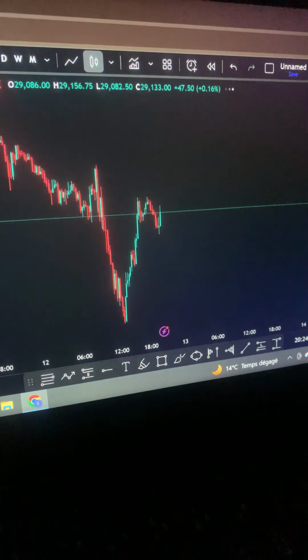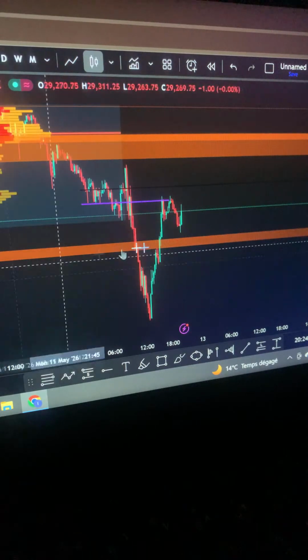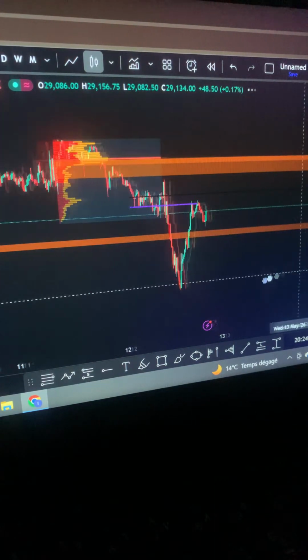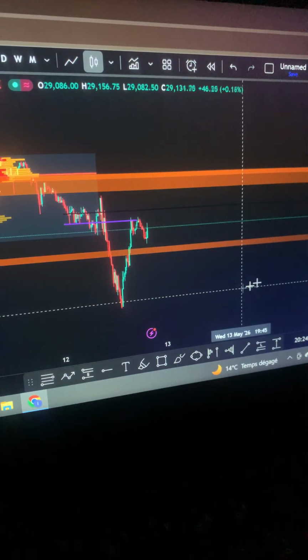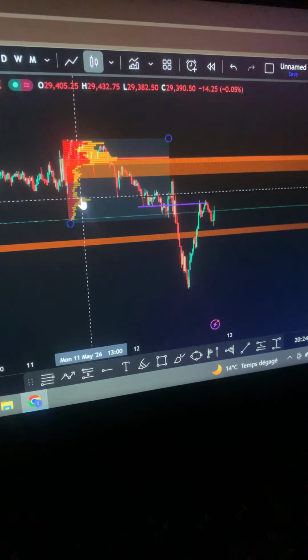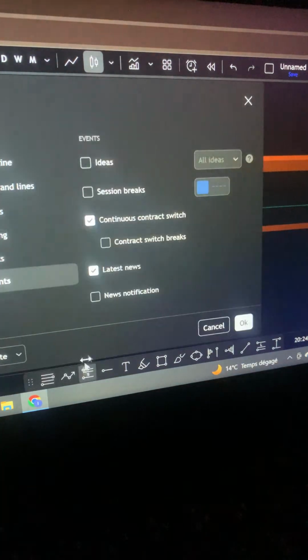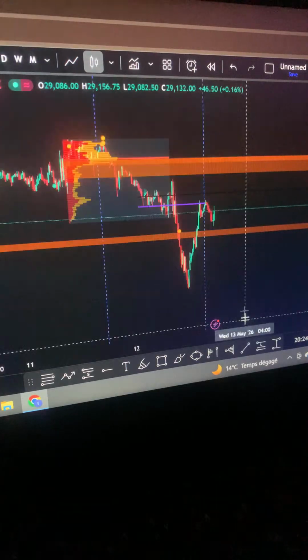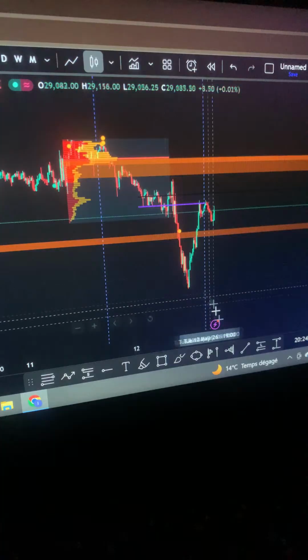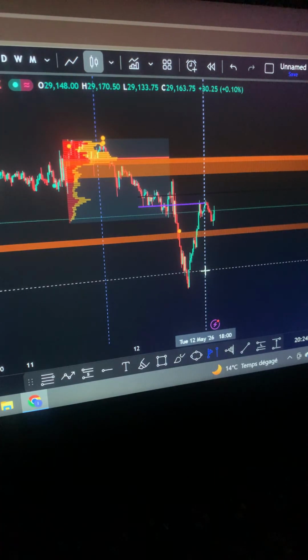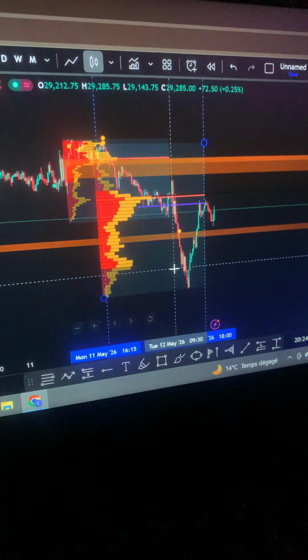Today NQ, the Nasdaq, I think made a very beautiful move, and let me see the volume profile of today. Let's put it here.